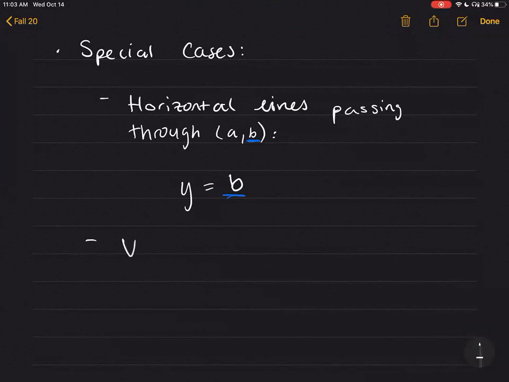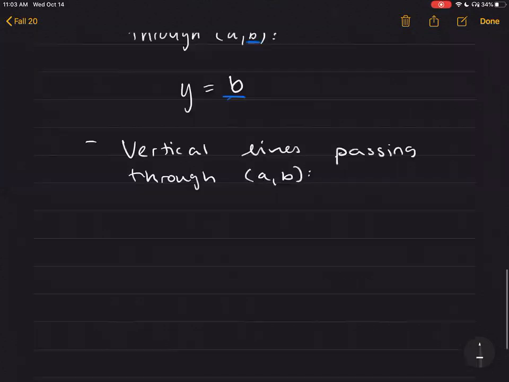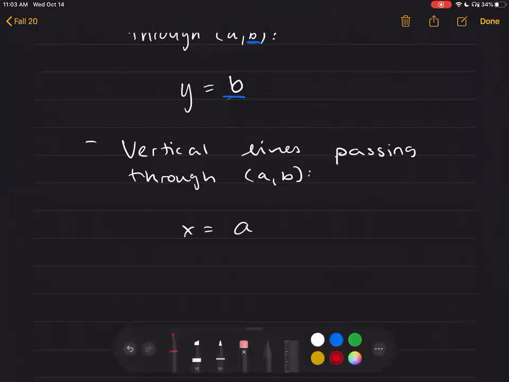And then for vertical lines passing through (a, b), that equation is going to be x equals a, where a, again, is the x coordinate of the point that the line passes through.